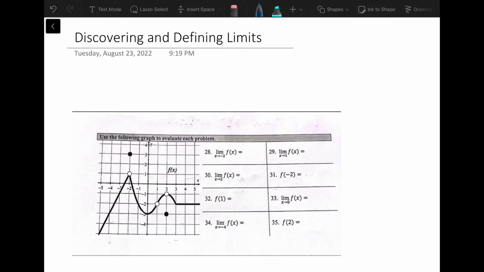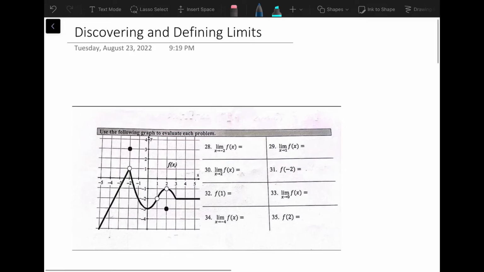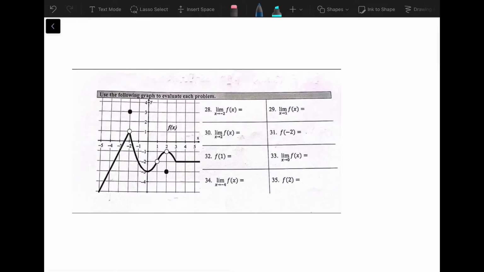So, discovering and defining limits, right? If we look at this first example, use the following graph to evaluate each problem. Okay, so number 28, limit. You will read this as x approaches -2, what is the limit of f of x?